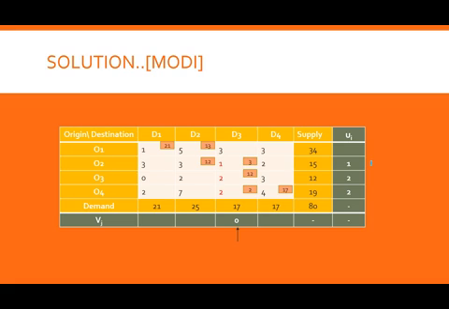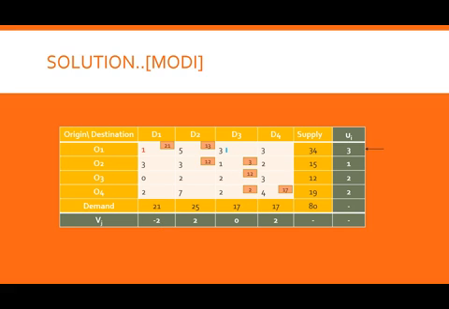Now I'll take this 2 as reference. 4 minus 2 becomes 2. Next, I take this 1 as reference. 3 minus 1 will be 2. Now I'll take this 2 as reference. 5 minus 2 is 3. Now I'll take this 3 as reference. 1 minus 3 is minus 2. So I've got all UI and VJ values.